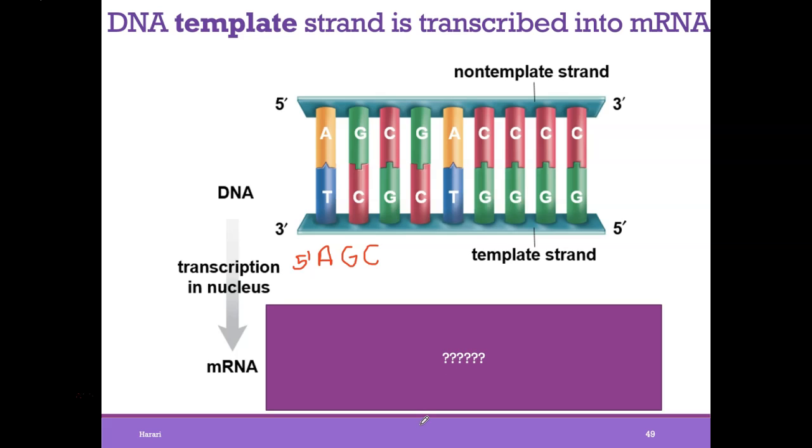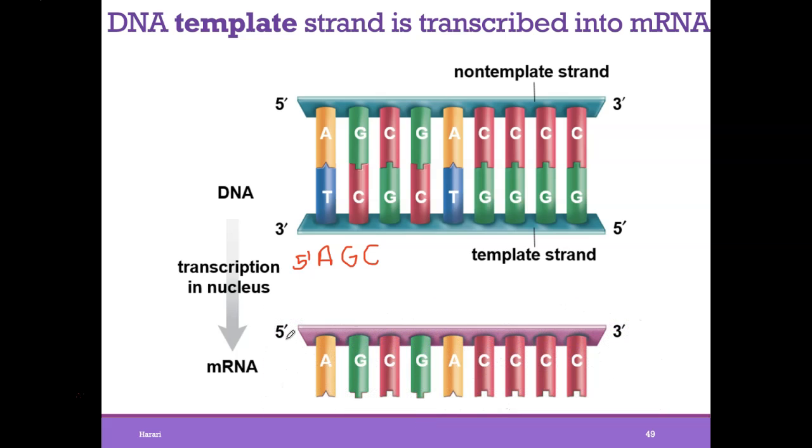So pause here, and hopefully what you have gotten looks like this. And what you should notice is that the resulting mRNA looks just like the strand that was the non-template strand. And for that reason, we call the other strand the coding strand of DNA.